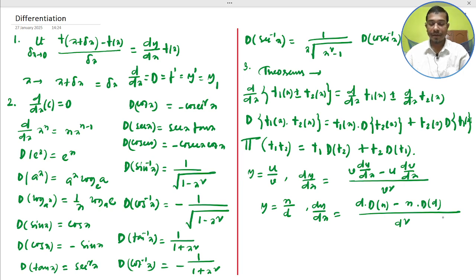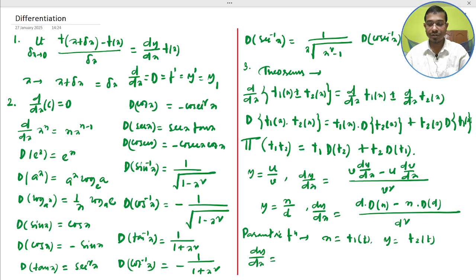Next, the parametric function, very important. Suppose x is a function f1(t) and y is a function f2(t).